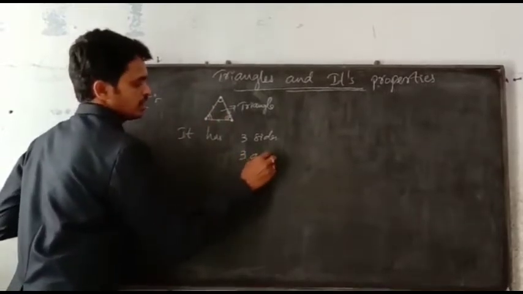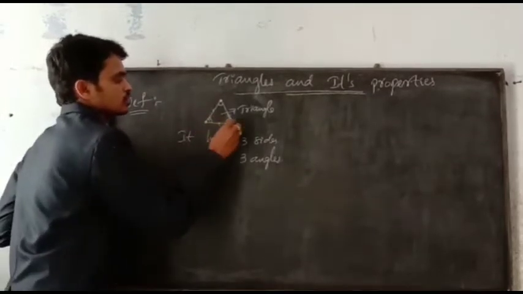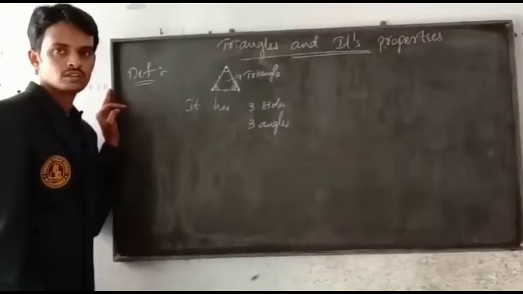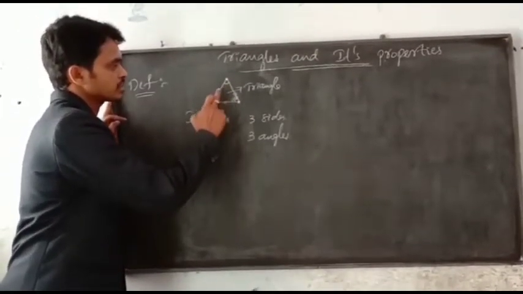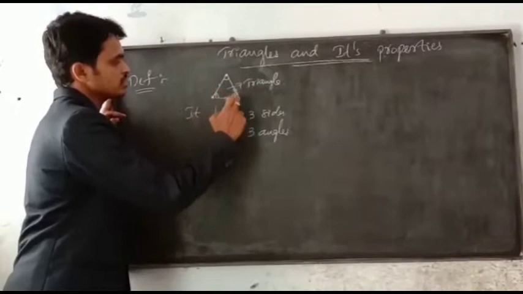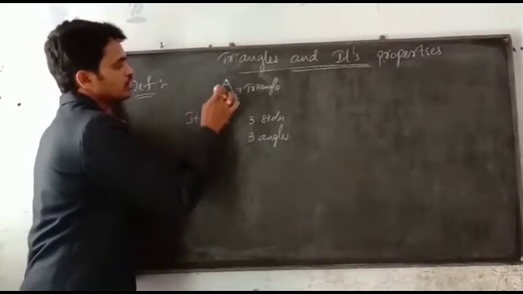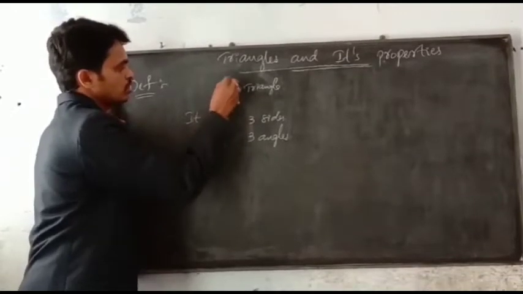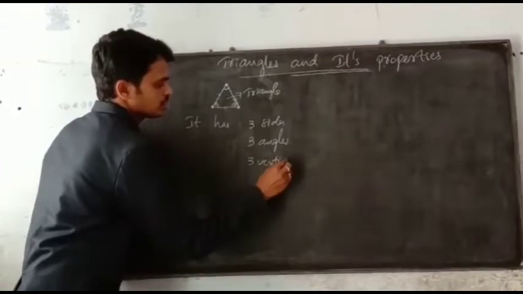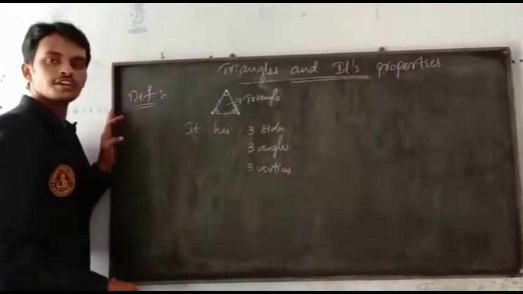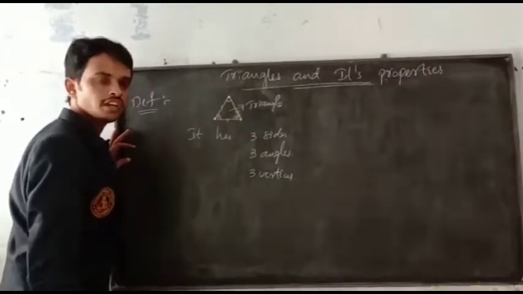It has 3 corners, and corners are nothing but vertices. So it has 3 sides, 3 angles, and 3 vertices, nothing but corners. 1, 2, 3 vertices.